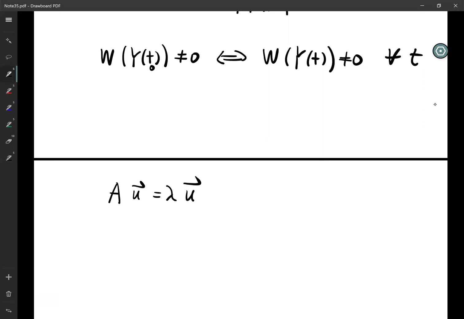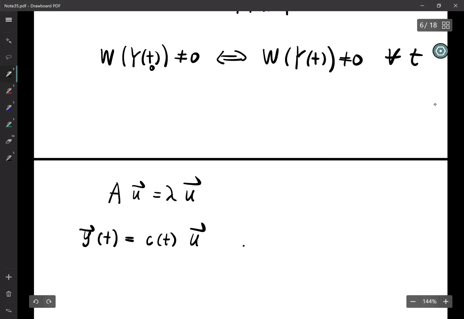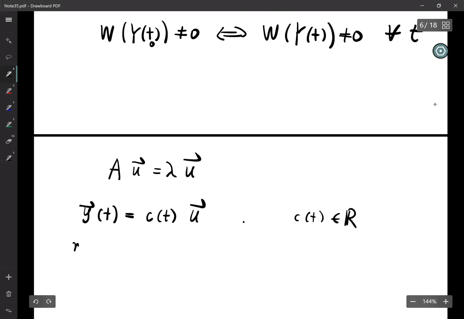Now I declare that y(t) equal to some c(t) times u, where c(t) is just a number and u is a vector, must be a solution, for some c.